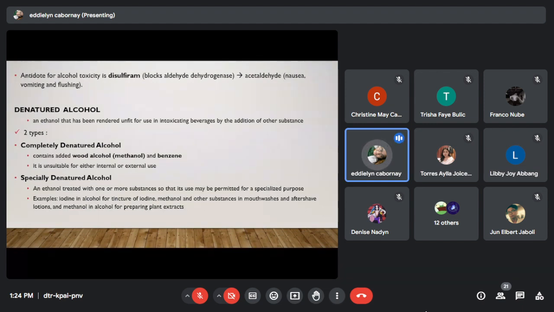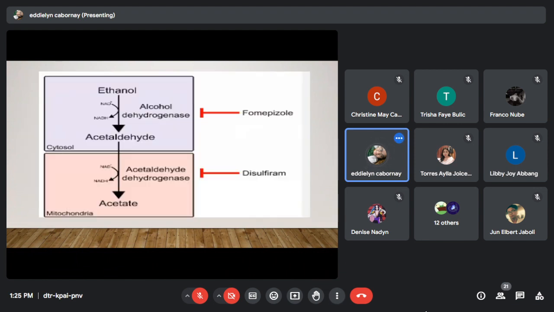So if you take disulfiram and then you drink again, the effect of the alcohol on your body is that you can have nausea, vomiting, and flushing. Okay? So this is the mode of action.